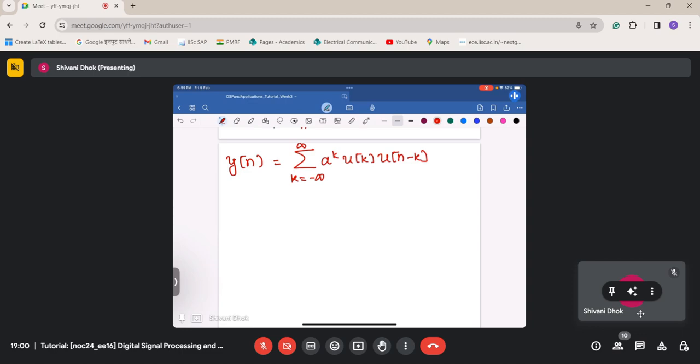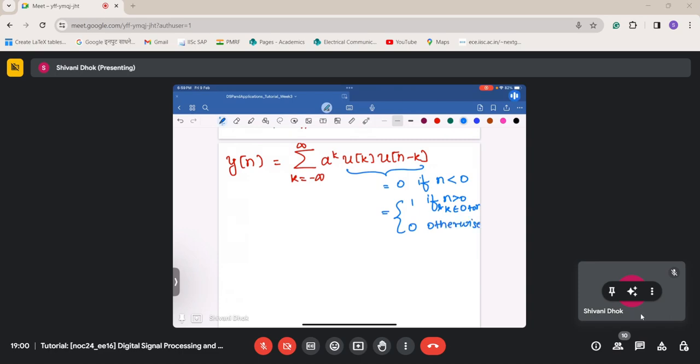Now this product is equal to 0 if my n is less than 0, and this is equal to 1 if n is greater than or equal to 0 and k belongs to 0 to n, and 0 otherwise.